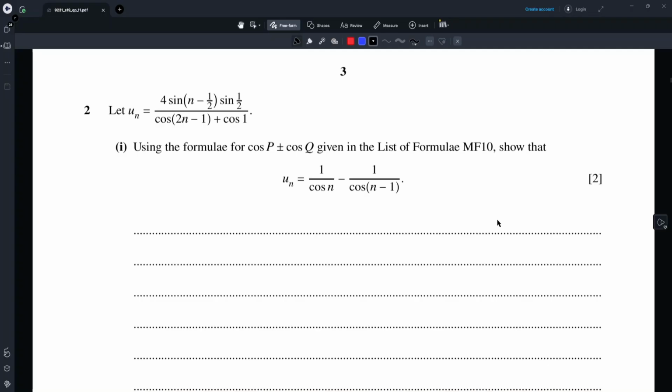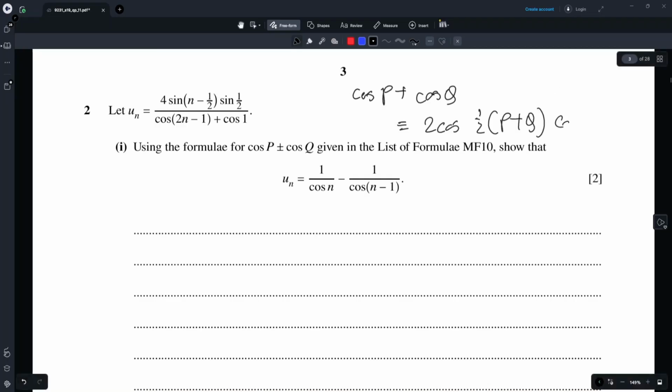Using the formula of cos P plus cos Q. So the formula for cos P plus minus cos Q, I'm just going to write it down here, equals to, now because I have a plus here, it's going to be 2 cos half P plus Q cos half P minus Q. I'm not going to move on with trying to prove this.